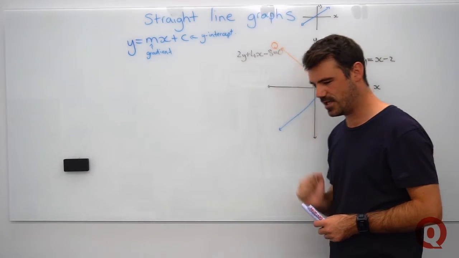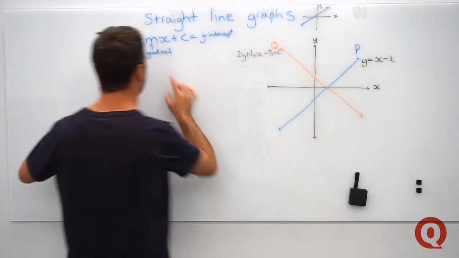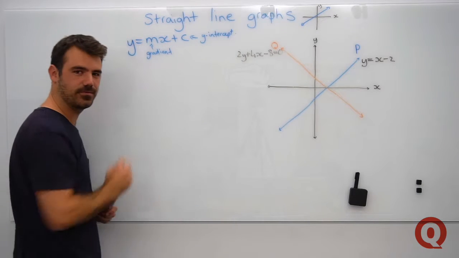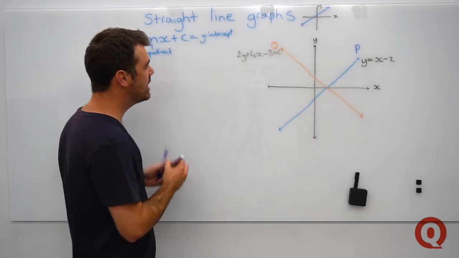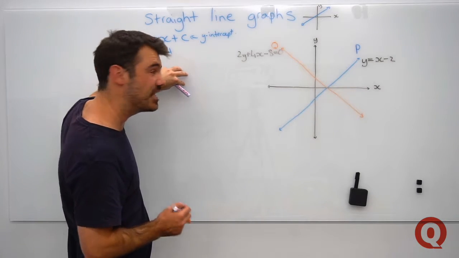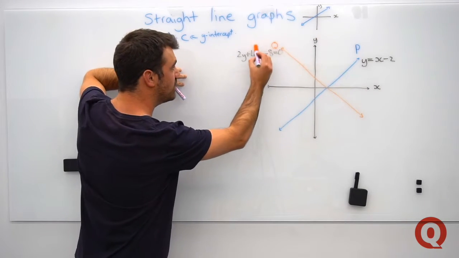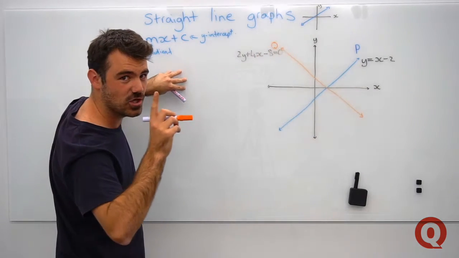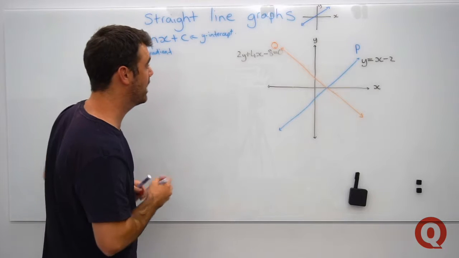So what I need to do here is get this into the format of y is equal to mx plus c, where y is on its own. So let's first make sure that y is on its own in isolation on the left-hand side of the equal sign. So we're going to throw the 4x and the negative 8 over, making sure that we change the signs correctly.